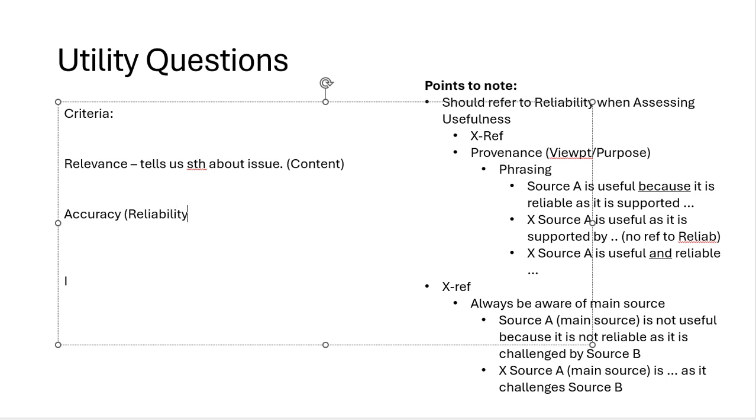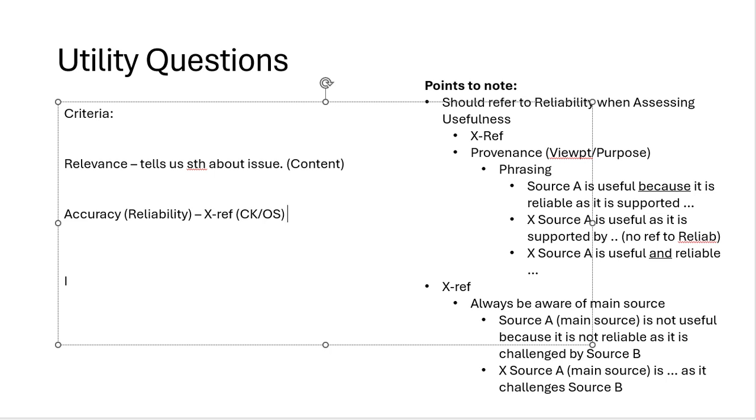How do we determine if a source is reliable or not? This requires us to either cross-refer to our contextual knowledge or to other sources. This is how we determine whether what it says is accurate.